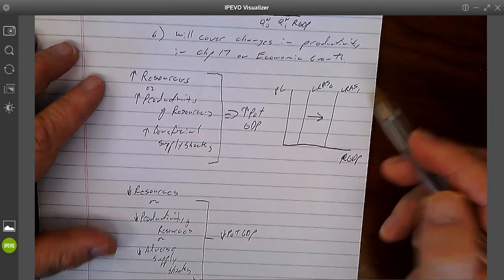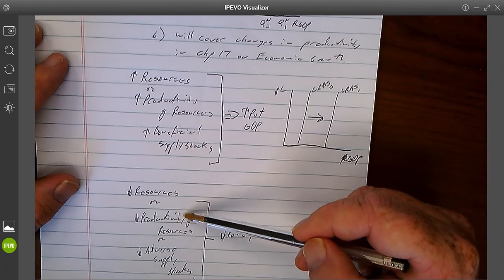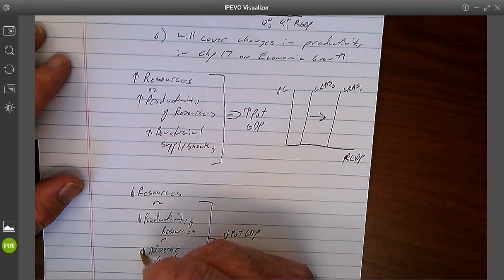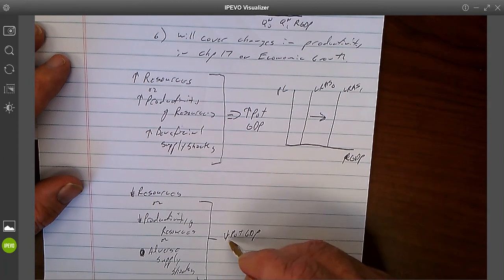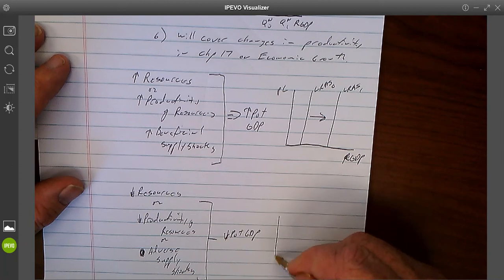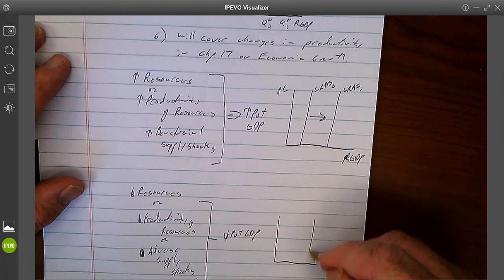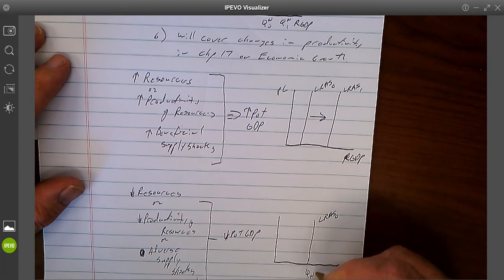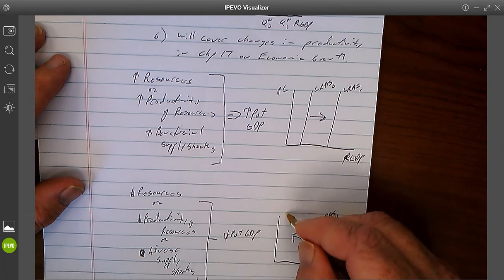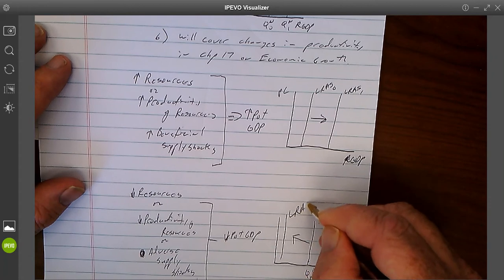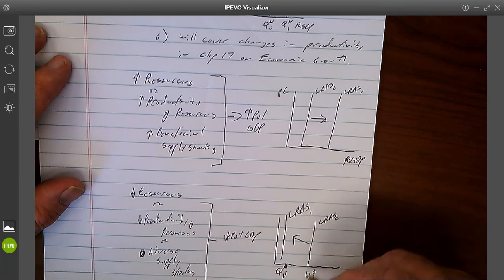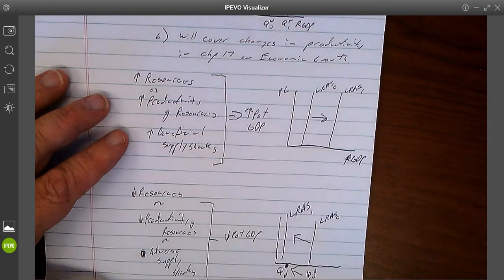Okay, all these, decrease in resources, decrease in the productivity of resources, or adverse supply shocks, I don't really need the arrow. Adverse supply shocks are going to decrease potential. Okay, and again, that would look something like this. Here's LRAS 0, QN 0. It's going to shift things to the left. Long-run aggregate supply 1, QN 1. Okay, we decrease potential.